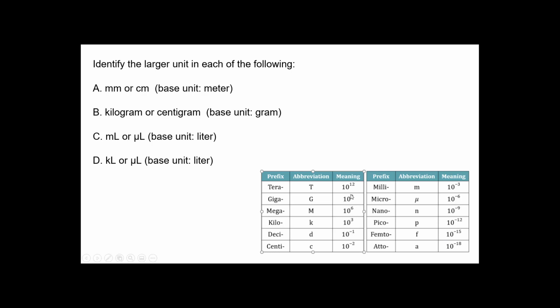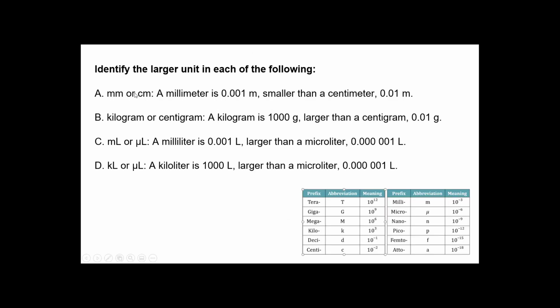Okay, so we have a millimeter, which is 0.001 meters. It is smaller than centimeter, because millimeter is 10 to the negative 3, but centimeter is 10 to the negative 2. It's closer to 1.